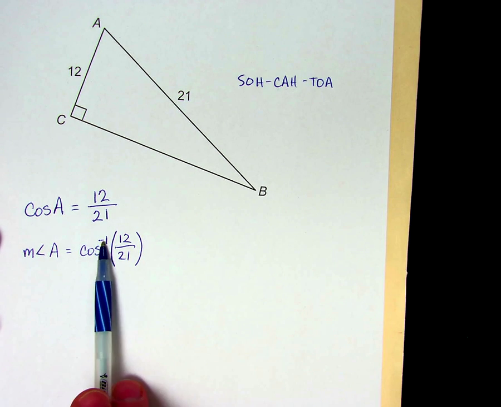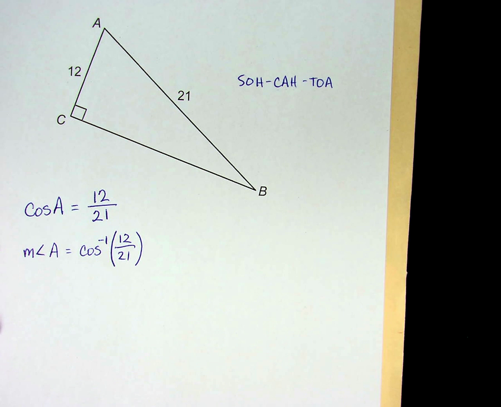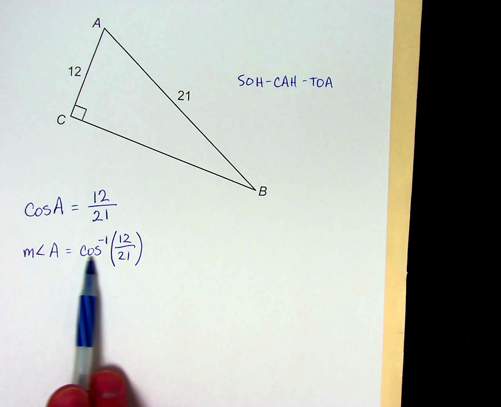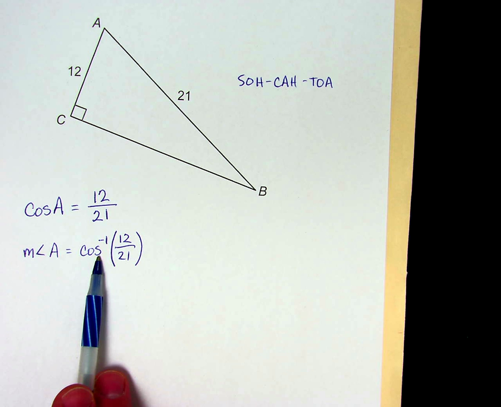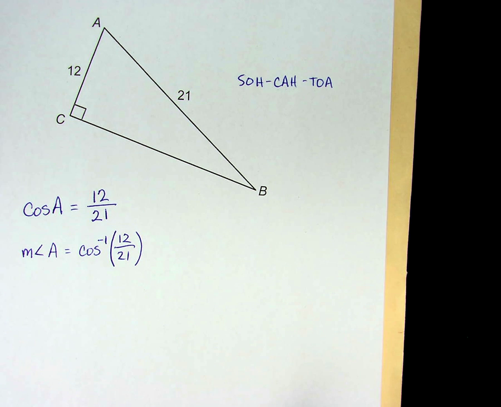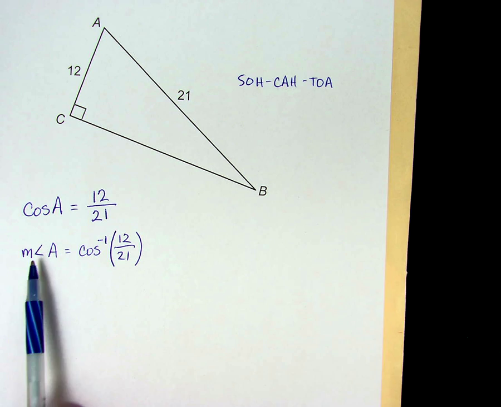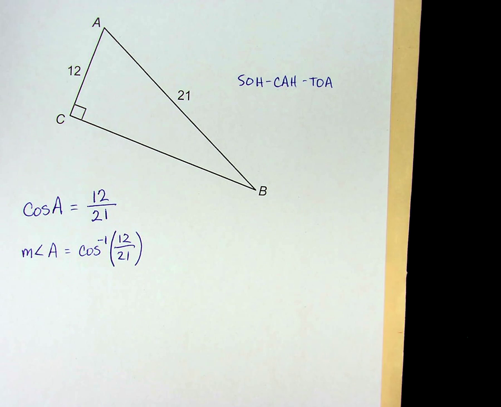Now, some of you know that on numbers that means a reciprocal. Doesn't quite mean the same thing with a trig function. It means I'm going to reverse the cosine operation. So now this is solved for our angle.